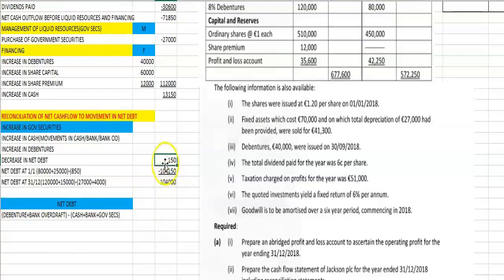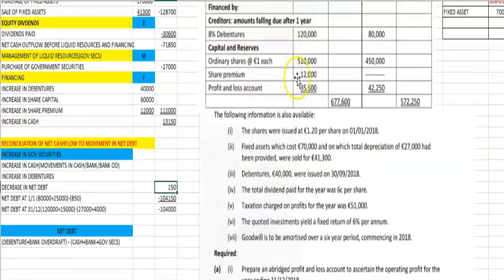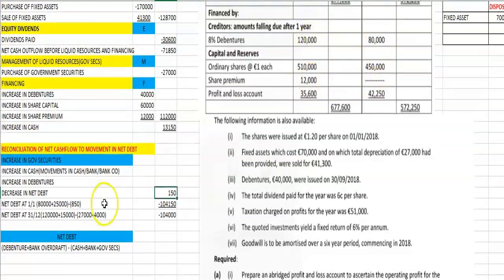So essentially we're explaining this change in net debt that has happened here. So we'll start maybe with movements in debentures. So the debentures have gone from 80,000 to 120,000. That's an increase of 40,000. If there's been an increase in your debentures, that will increase your debt. So that's having a negative effect there, okay? It's creating more debt, essentially.